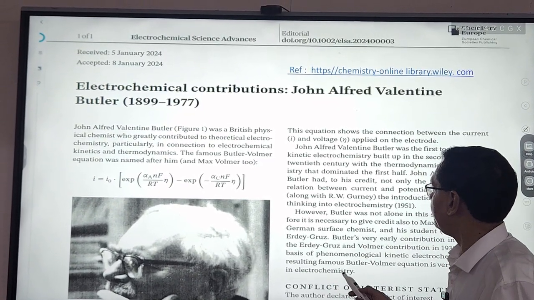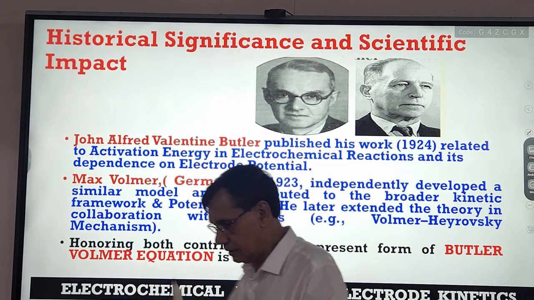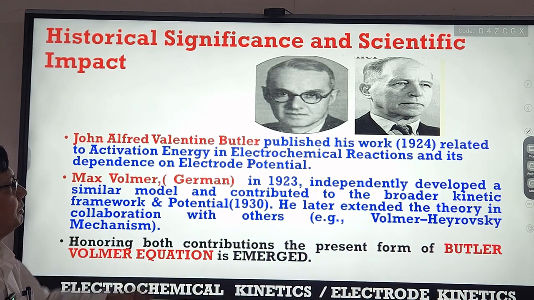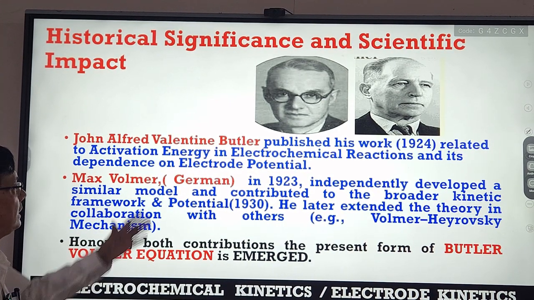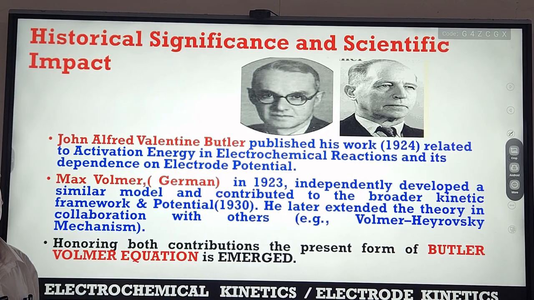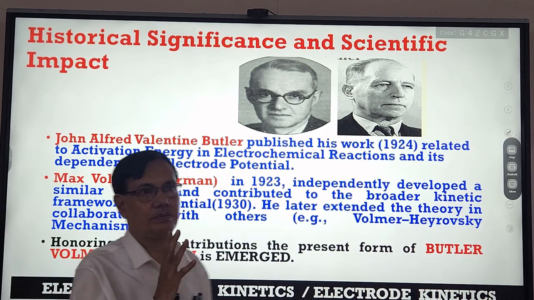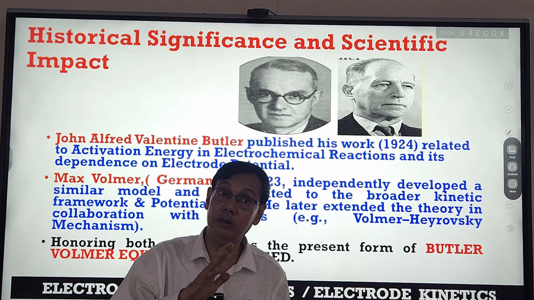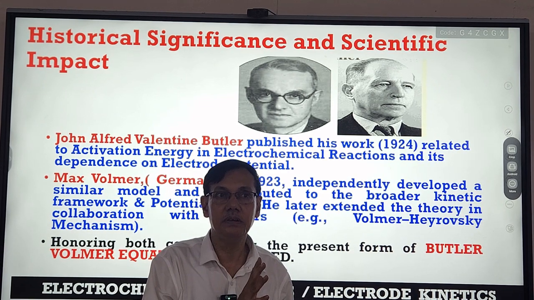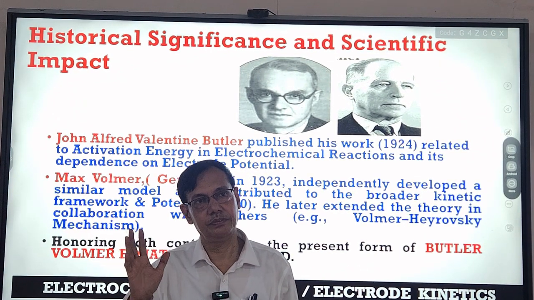So the general history is that in 1924, the great scientist Butler published a paper, and I'll show you the original research paper. In 1924 there was no question of transition state theory, but that theory was developing at that time.